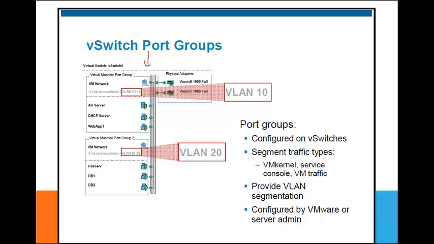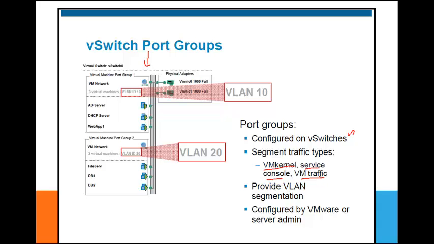VM port group is configured on a vSwitch and it is used to segment traffic. It is used to segment traffic: kernel traffic separate, service console traffic separate, VM traffic separate.